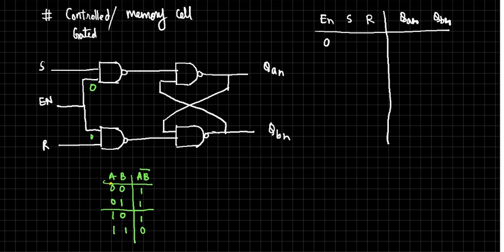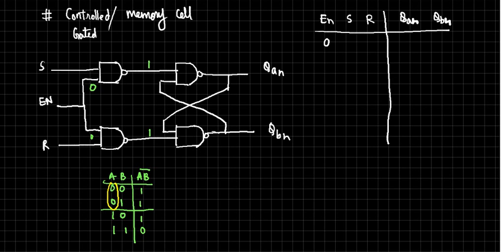When one input is guaranteed to be 0, the output of this will always be 1. Is that okay? This will be 1. If one input is always 1, the output is guaranteed to be the complement of that. So the state will be retained. If it is 0 1, 0 will be the complement of that, I mean the state will be retained. Is that okay?